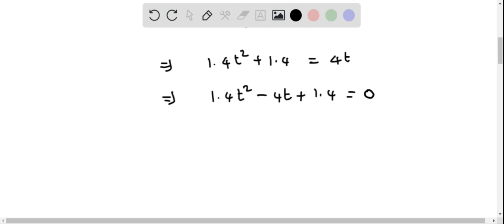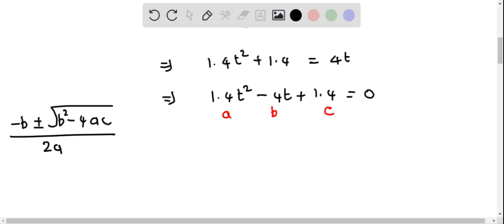So this is basically a quadratic equation. We can use the formula to determine the value of t. So we have a equals 1.4, b equals negative 4 and c equals 1.4. Therefore the formula is negative b plus or minus square root of b squared minus 4ac over 2a. So let me use this formula to determine the value of t.